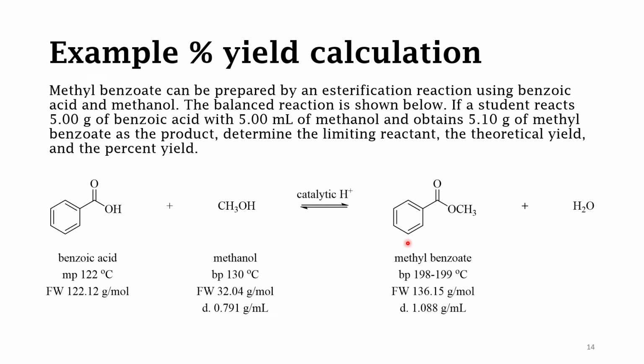We can still look at this and examine what we're given to figure out the mole ratio. One thing we will notice is we don't have any stoichiometric coefficients, so that usually implies a 1-to-1 mole ratio. We can also look at the structure. From the benzoic acid we have a benzene ring and the carboxylic acid portion, and in our methyl benzoate we are incorporating one benzene ring and one carbonyl, a carbon-oxygen double bond.